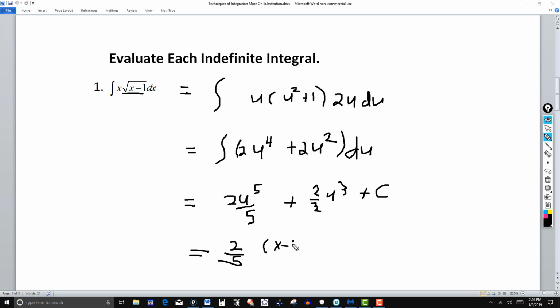This would just become 5/2 here. Same thing with the next one, plus 2/3. And then u is square root of x minus 1. Take that to the 3rd power. It becomes exponent of 3/2.